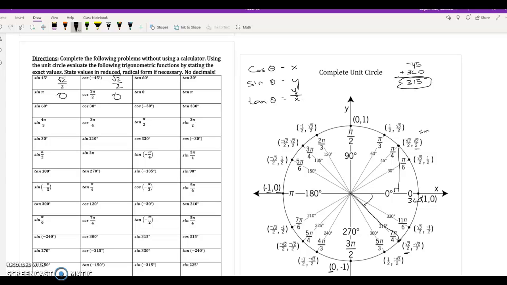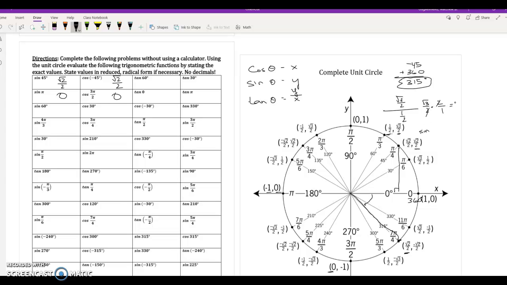So for tangent of 60 degrees, I'm going to go to the 60 degree mark. I can see that I have my sine and I have my cosine, but to get tangent, I need to divide them. So I'm going to do the square root of 3 over 2 divided by 1/2. Okay, when you're dividing fractions, you're really multiplying by the reciprocal. So instead of dividing, I'm going to multiply by 2 over 1 and then reduce.